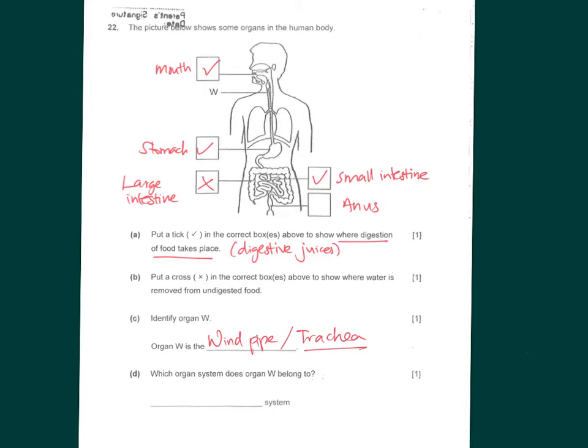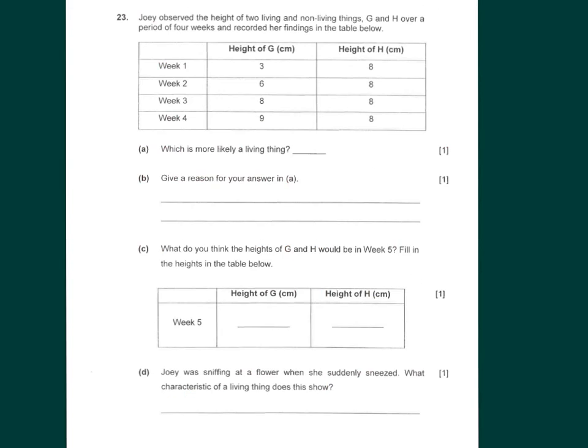It is not required of you to know this in primary school, but it is good if you do know it. Part D. Which organ system does W belong to? W belongs to the respiratory system.